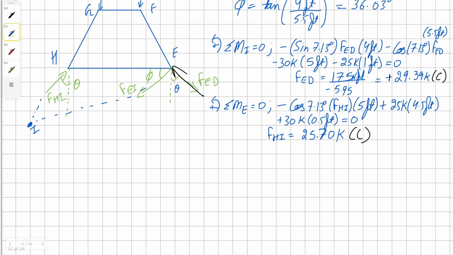Now we can sum the forces in the x direction to find our solution for force EI. We're going to have horizontal component of HI. Then we're going to have the horizontal component of FED.